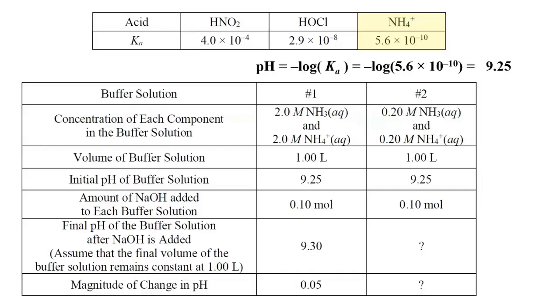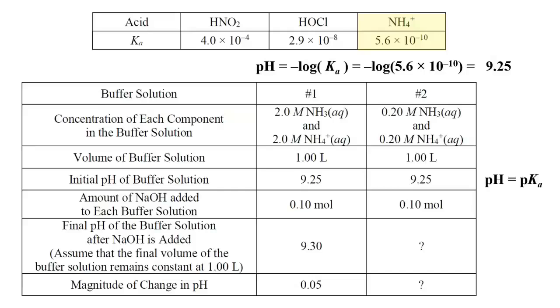So if you take the negative log of 5.6 times 10 to the negative 10, you will get the pKa for this weak acid, for ammonium, and that is why the pH of each buffer solution is 9.25, because the pH equals the pKa when the concentration of the weak acid and its conjugate base are equal.